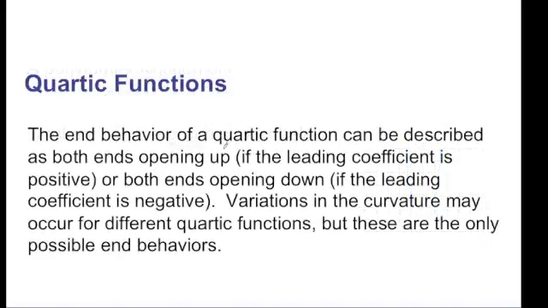The end behavior of a quartic function can be described with both ends opening up if the leading coefficient is positive, and both ends opening down if the leading coefficient is negative. Very similar to our parabolas. The variations of the curvature may occur in different quartic functions, but these are the only possible end behaviors.